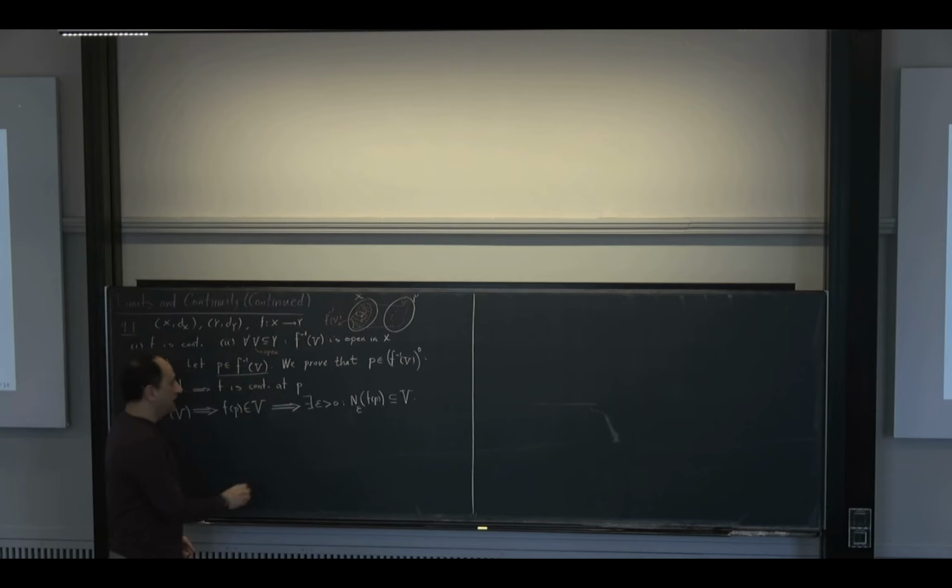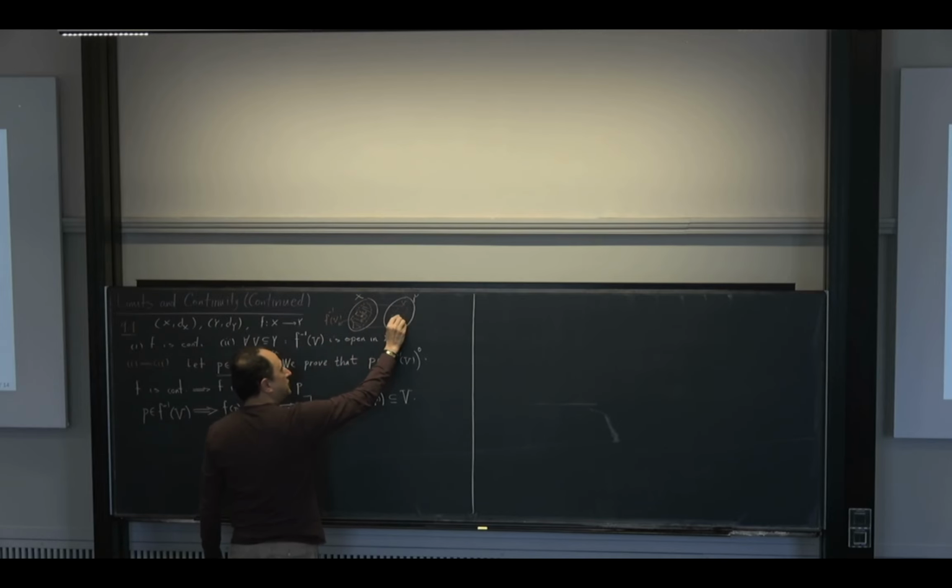Because P was here, I know that F of P is there. And because V is open, I know that there is a neighborhood around it, which is there.